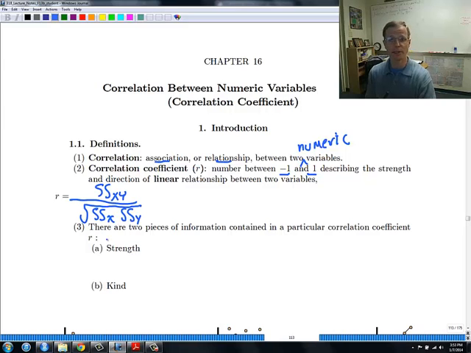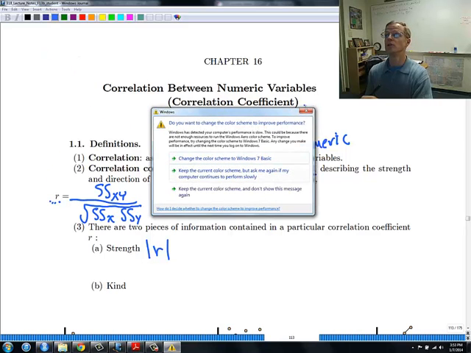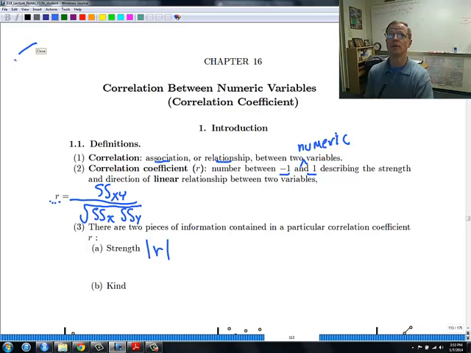Now, as I said, there's two pieces of information that come from the correlation coefficient. The strength is determined by the absolute value of r, and r is the correlation coefficient. Just a note here: if we have the population between two variables, rho, the Greek letter rho, is the parameter.